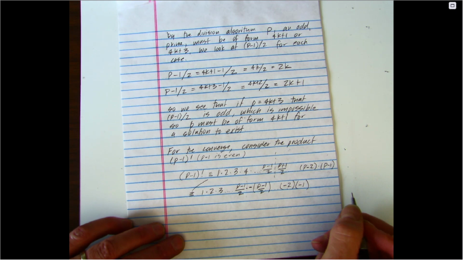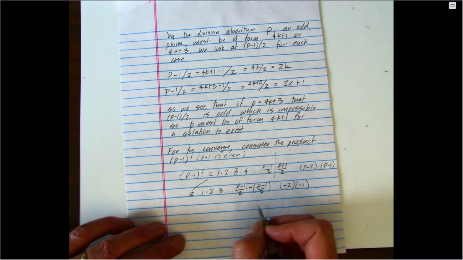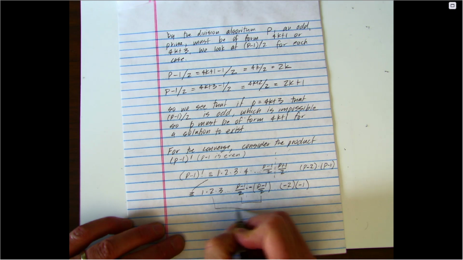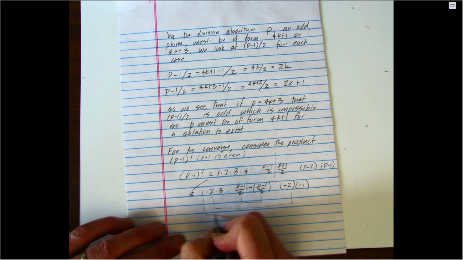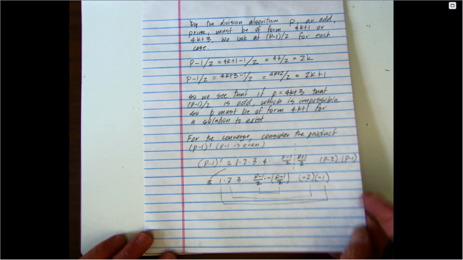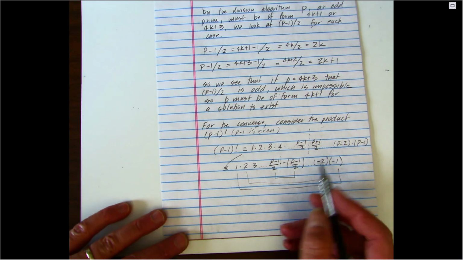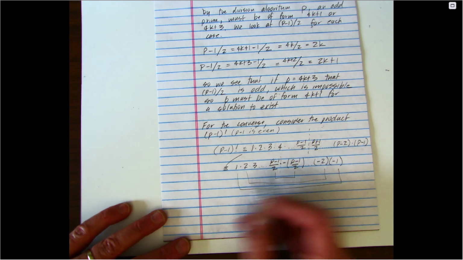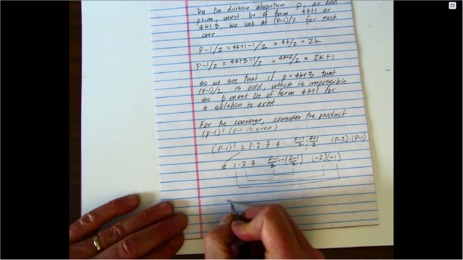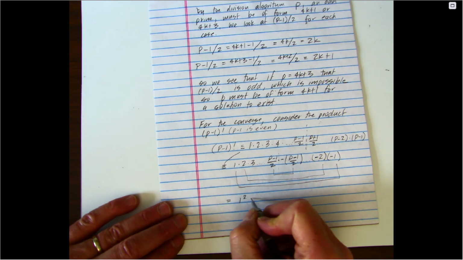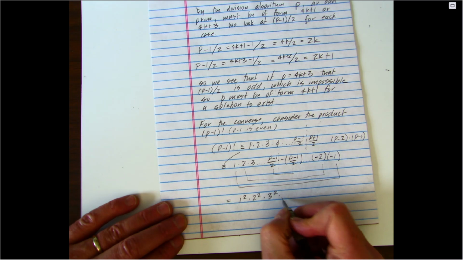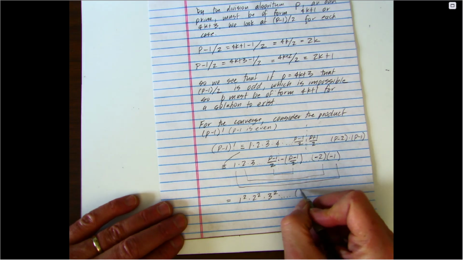So what we see is that there's this symmetry that goes on here, left and right, when we think of it this way, which means that really all I'm doing is squaring each term and then keeping track of how many negatives I have. So I could think of it like 1 squared times 2 squared times 3 squared times all the way up to p minus 1 over 2 squared.